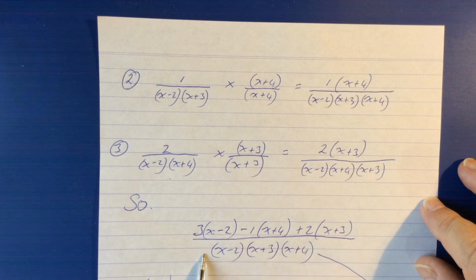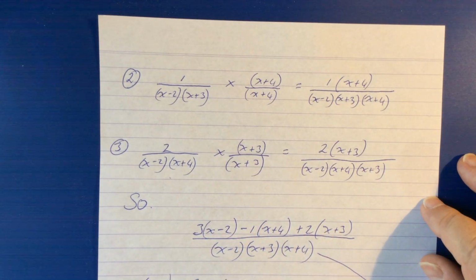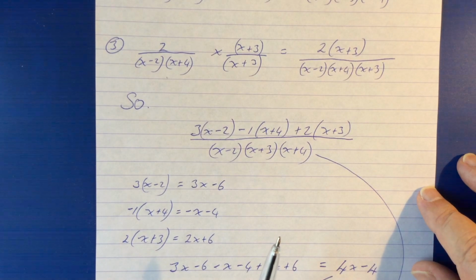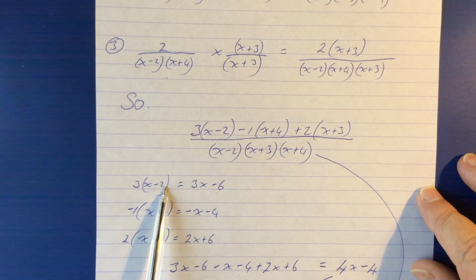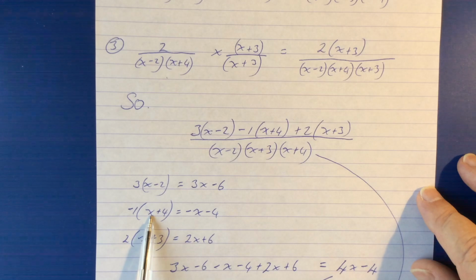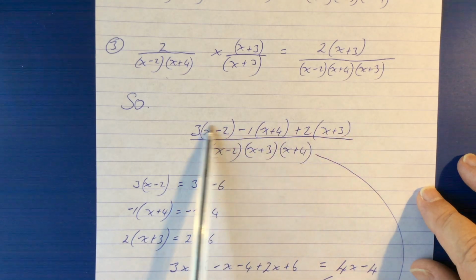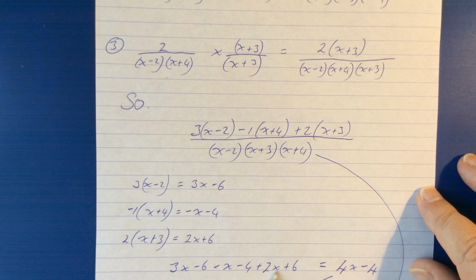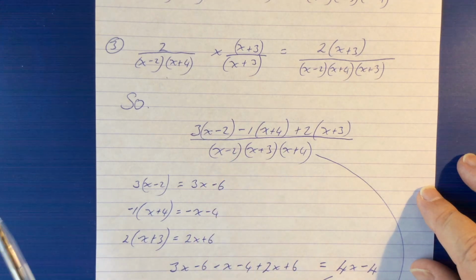Now, this is our friend, the common denominator, and we'll come back to that later. Now, I'm going to expand each of these, and you can see that here. 3 into x minus 2 gives me that, negative 1 into x plus 4 gives me that, 2 into x plus 3 gives me that. Combine them, because that's the instruction, and this all simplifies down to 4x minus 4. And we have our common denominator.